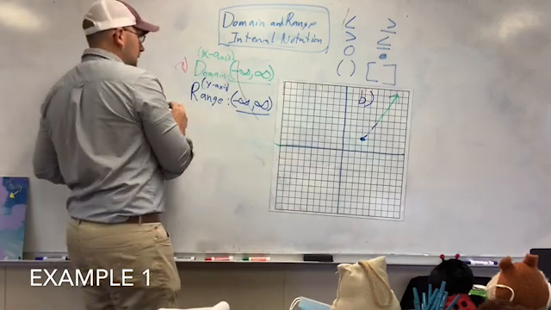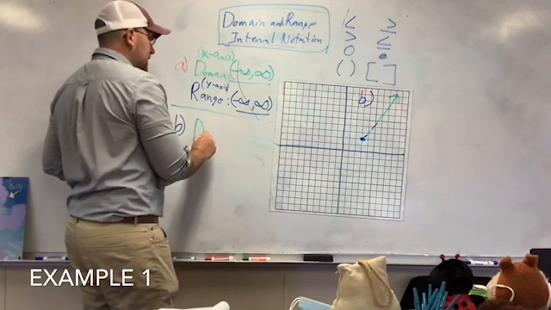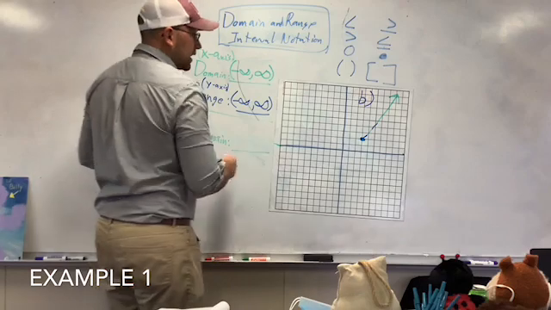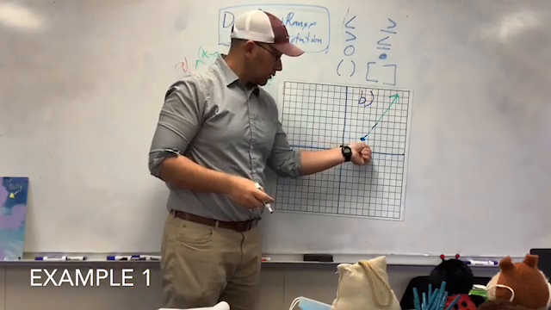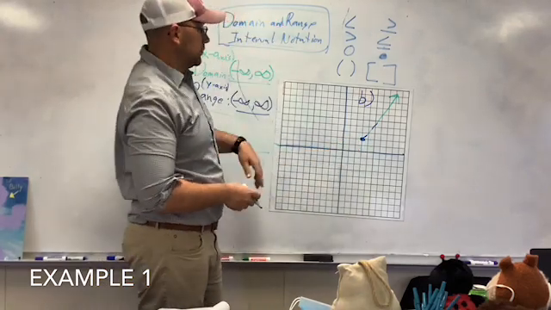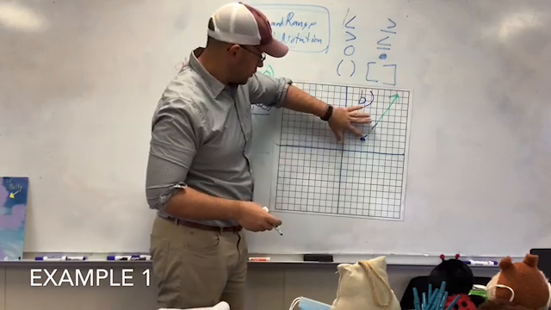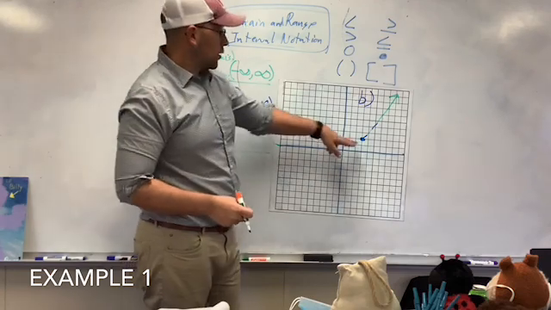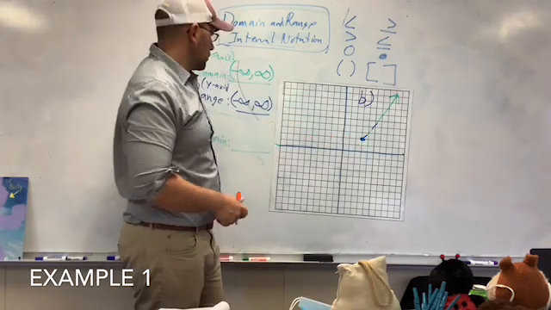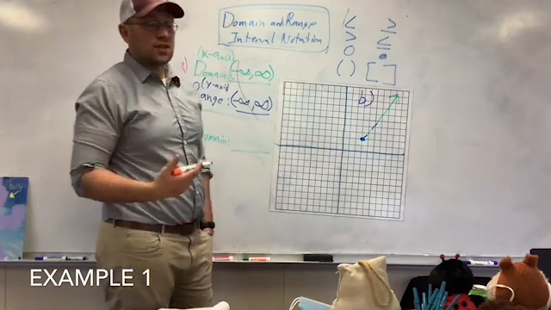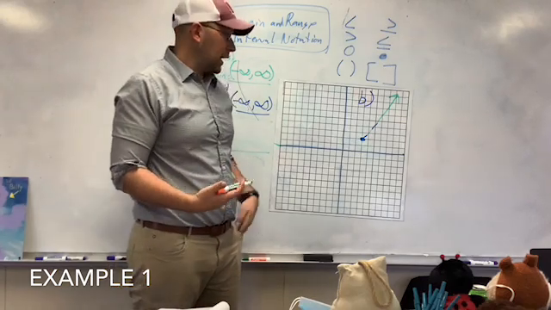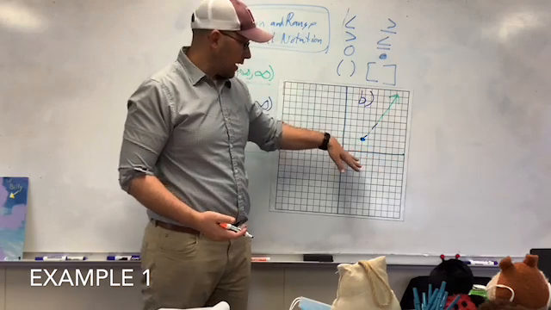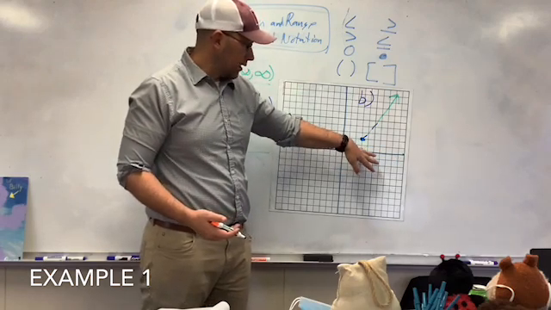So our domain now is different. Why is it different? Because it stops now. So, my domain is new. Where does my domain start now? My domain starts, because we're only talking about the x-axis, at 1, 2, 3.